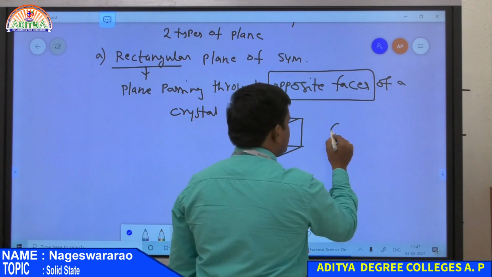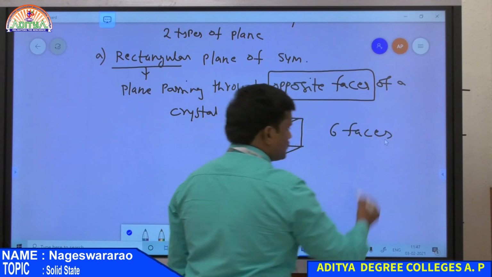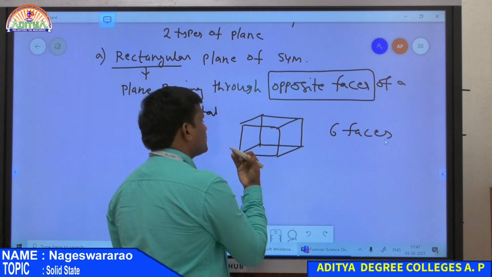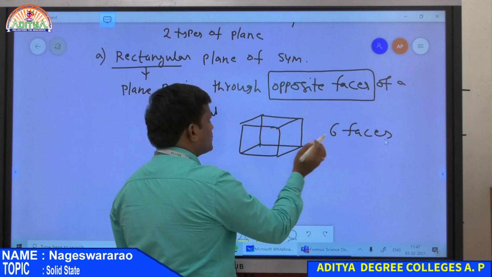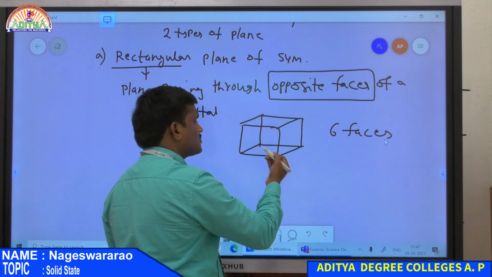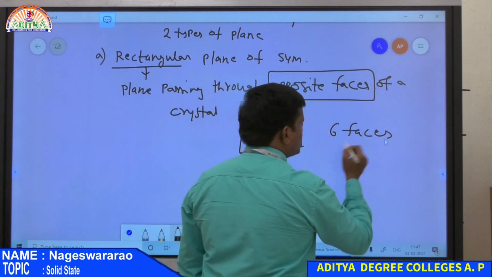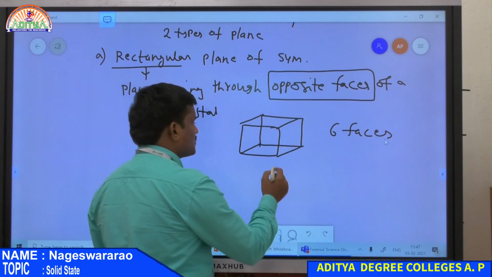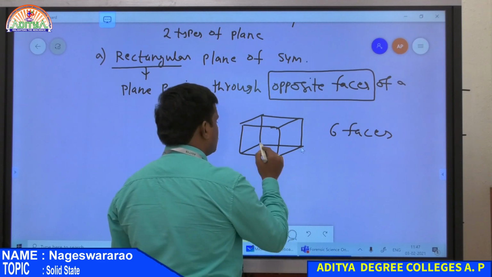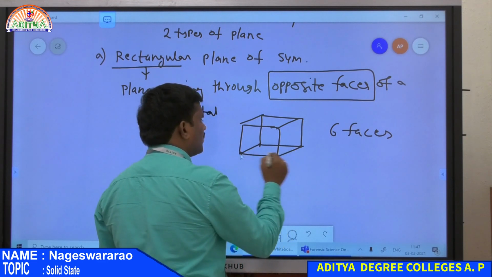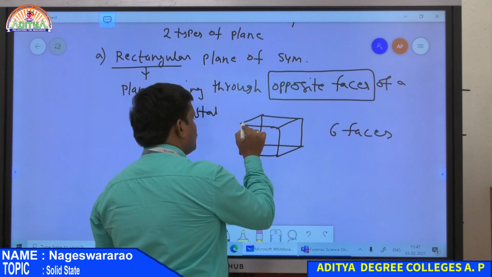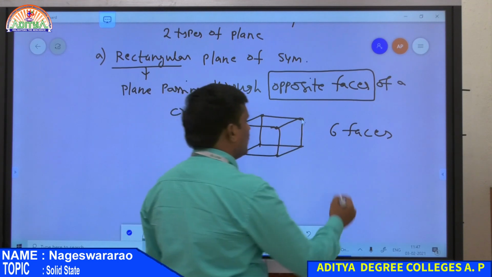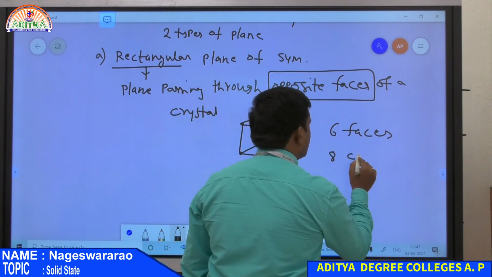So these are the faces: front face, back face, left side face and right side face, and also top and bottom. So each crystal has 6 faces. And how many corners? First corner, second, third and fourth. These are the 4 corners at the bottom. Similarly, fifth, sixth, 7 and finally 8. Therefore each crystal has 8 corners.